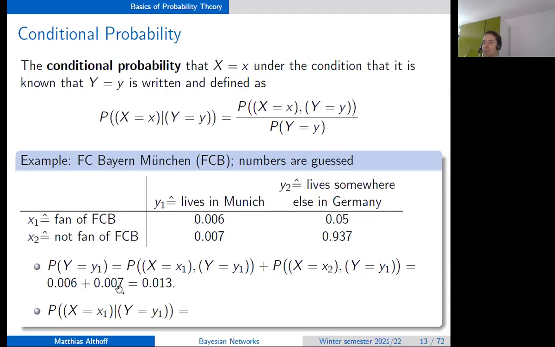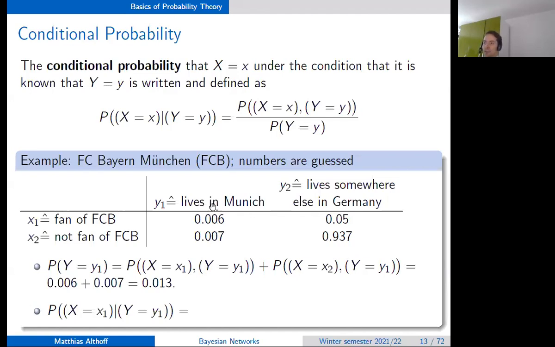So what we first have to do is compute the probability that you live in Munich. That's just adding up the two probabilities here, 0.006 plus 0.007, and then you obtain 0.013.